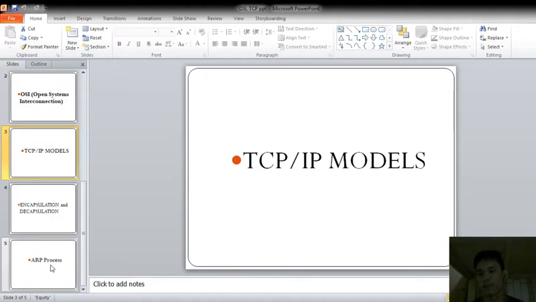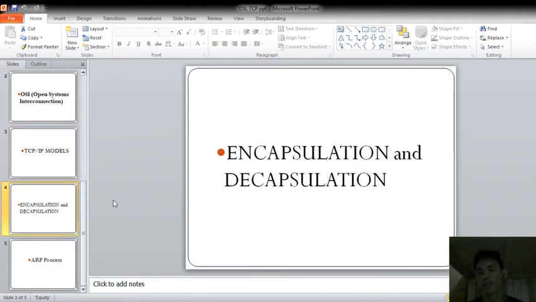So the next topic that we're going to discuss is encapsulation and decapsulation. First, let's discuss encapsulation. Encapsulation happens when the data moves from the upper layer to the lower layer of the TCP/IP protocol stack.